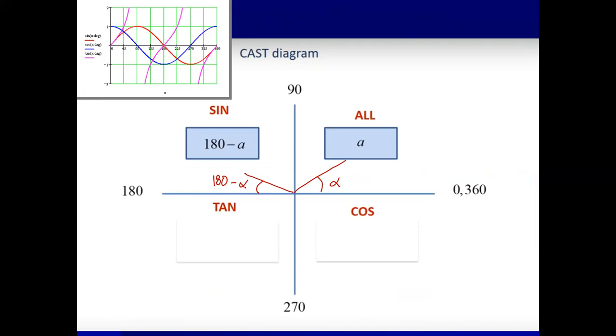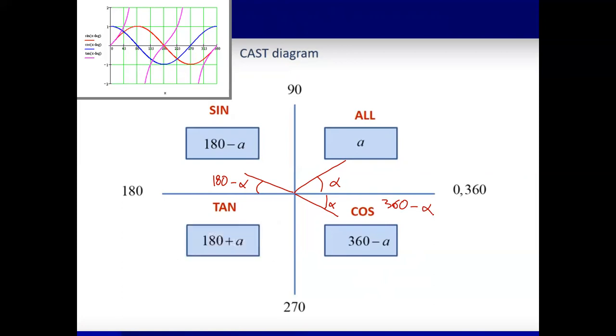Here you get 180 plus alpha, but in this case here for cos, you would go 360 take away that angle. So here you'll have 360 minus alpha. So the only thing you need to remember is where to put CAST, and here I've got 180 plus alpha, here I've got 180 minus alpha, and here 360 minus alpha.